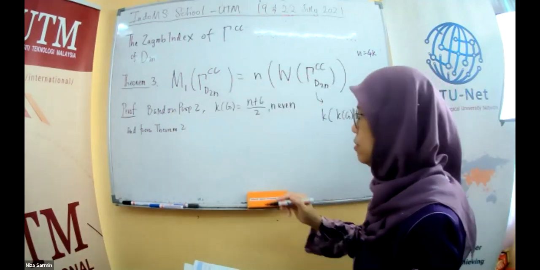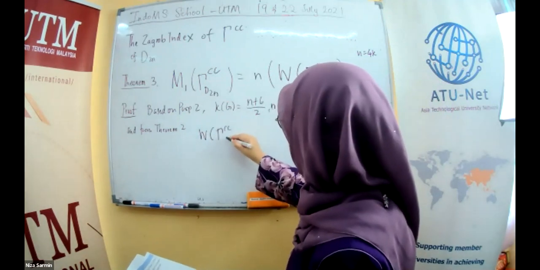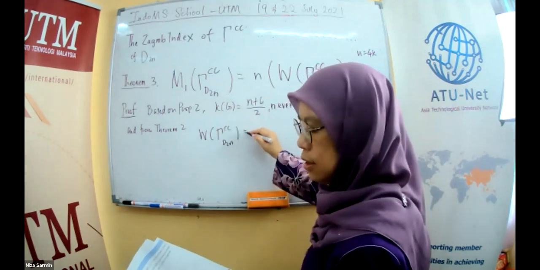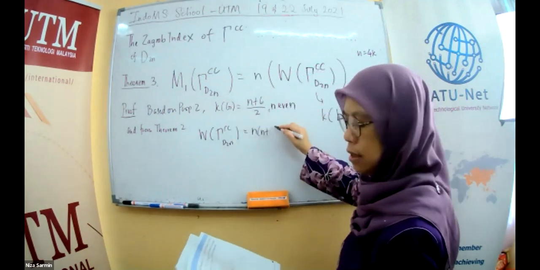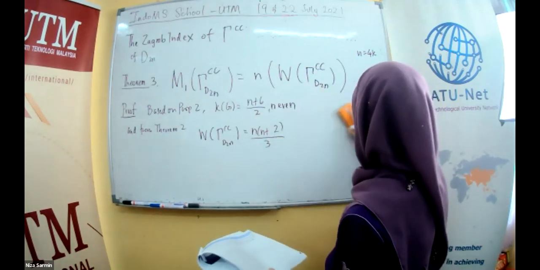So for n even, the Wiener index of the conjugacy class graph of D2n is equal to n/3.